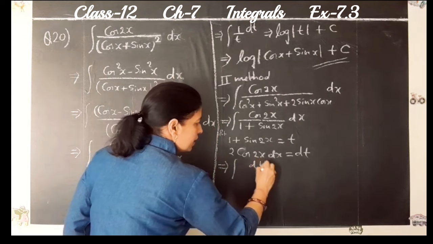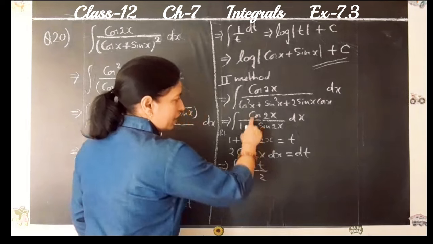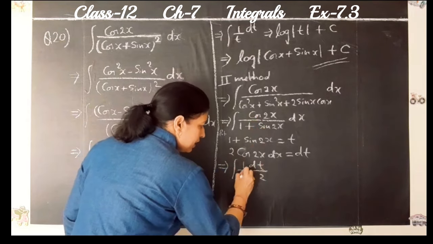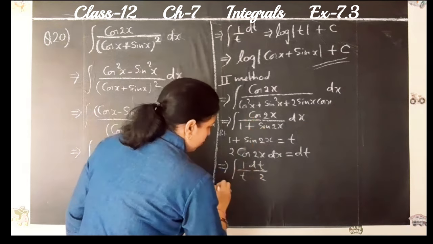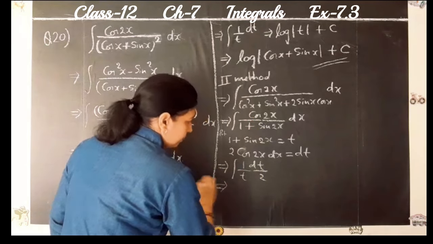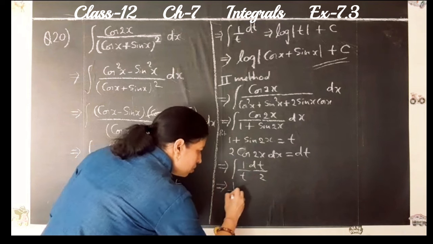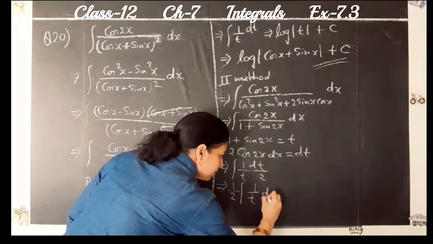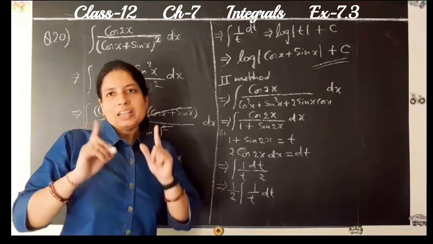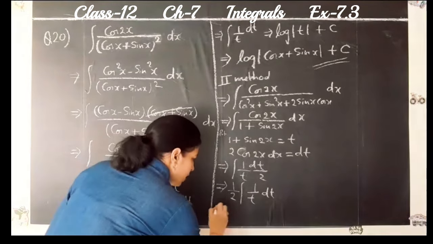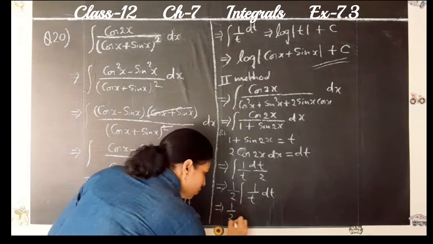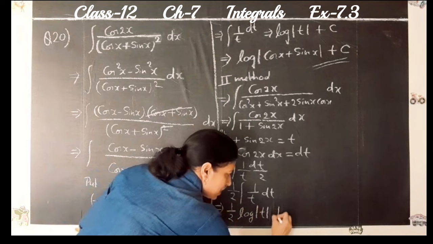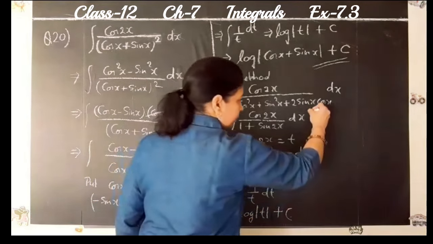And in place of 1 plus sin 2x, write t. So it will be 1 by t. Now take 1 by 2 out. So it will be integral of 1 by t dt. So it will be log mod t. So right here, 1 by 2 log mod t plus a constant c.